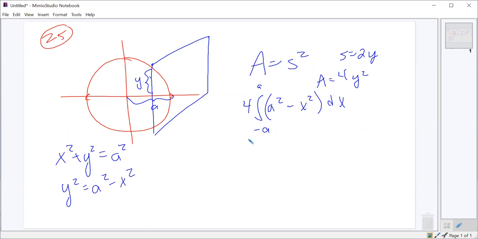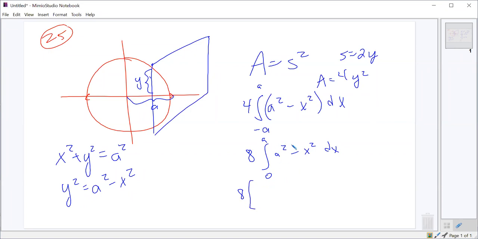If you want to make your life a little bit easier, you can note that from negative a to 0 is the exact same as 0 to a. So I could double this and just do 0 to a. Don't have to do that, but that will make the arithmetic easier. And then we just integrate 8.